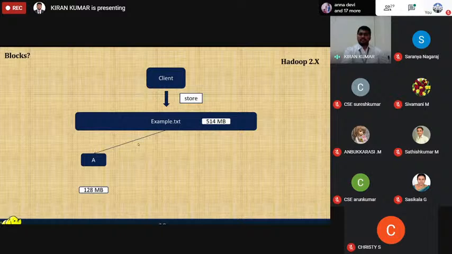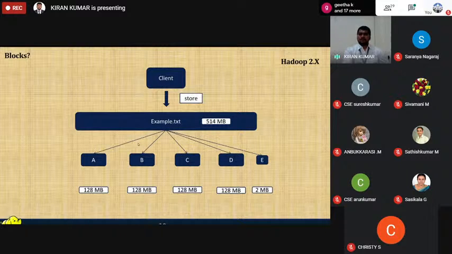The first chunk A is created with 128 MB, and B is also 128 MB, and finally you can see here A, B, C, D have 128 MB, but finally E has only 2 MB. That means Hadoop has given a block size which suits the left out data. The left out data is just 2 MB out of this 514 MB, so the block will be created with only this 2 MB.